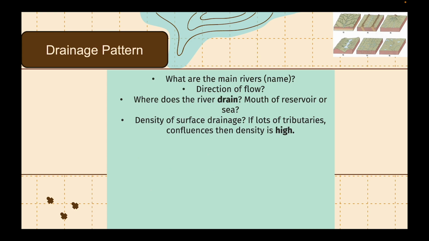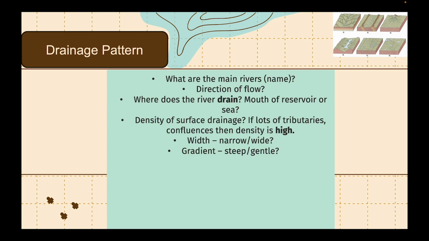The density of surface drainage. If there are lots of tributaries, for example, and confluences, then you could say the density is high. Again, the width of the different rivers: you're likely to see more than one river or tributaries. Of course, the width is going to change, and it's going to be variable. Similar with the gradient as well.